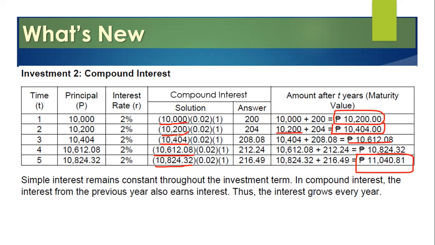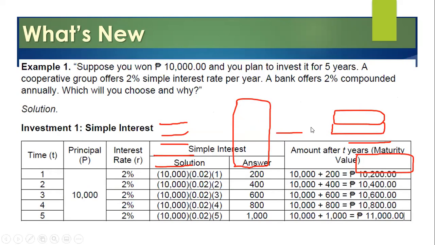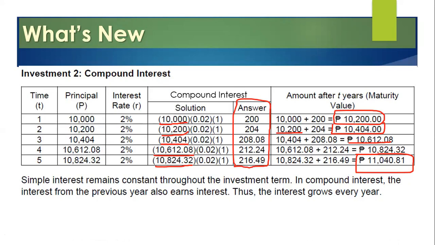So, after 5 years, ayan, so simple interest remains constant throughout the investment term. Ayan. So, dito makikita natin yung interest. Okay?